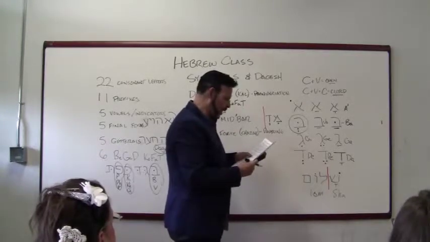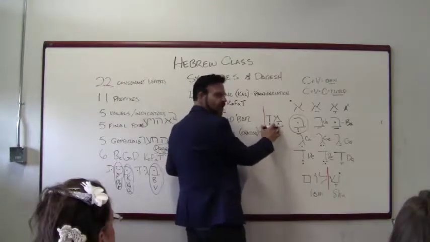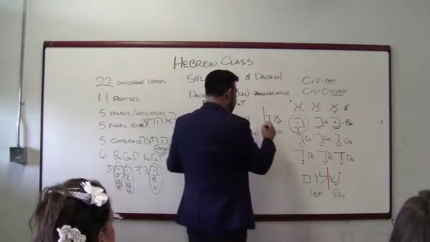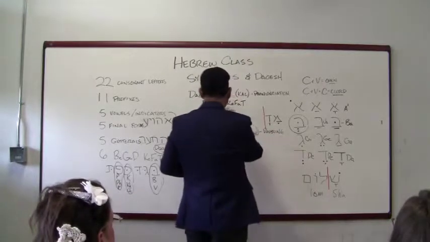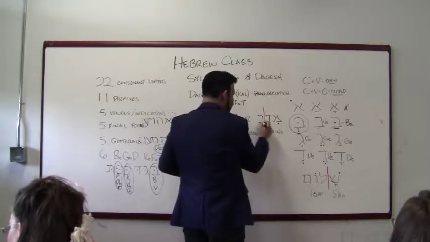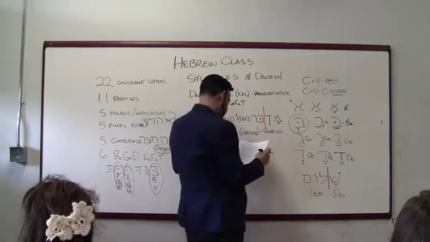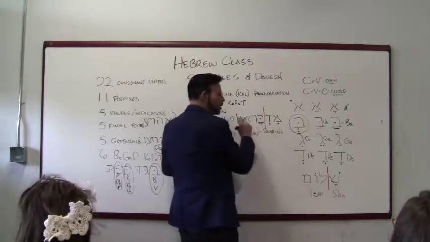And it's after a silent sheva, as this one. You could also say if it's after a medium length vowel. Okay? Then it's going to be a Dagesh lene. So here we go with the B. We're going to put Dagesh in there, right? And then we have a Resh. And so here we have midbar.